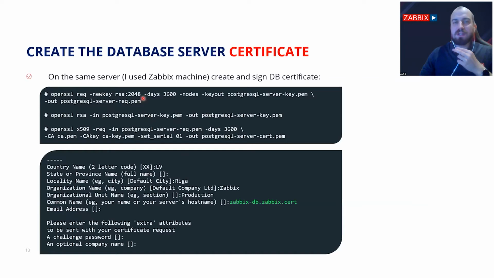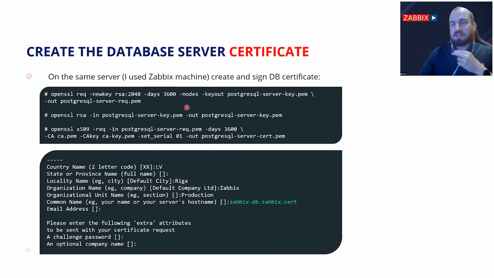So on the same server where you have your CA certificate, you will need to create the certificate for the database and then sign it. It basically will be signed by your CA, so you actually created and signed the certificate. We are using in this command the industry standard key size, 2048 bits.